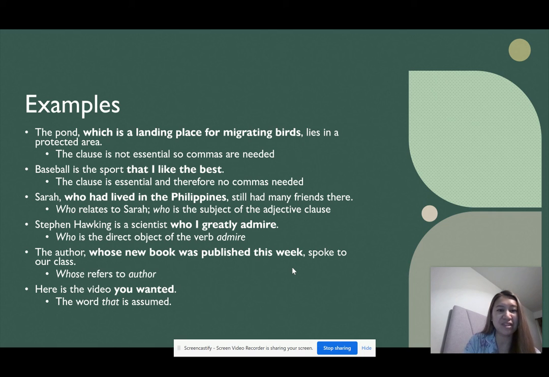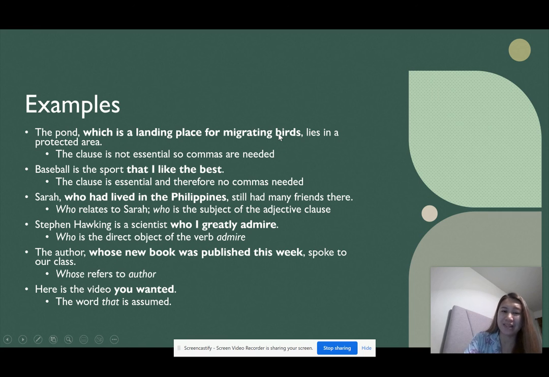The pond, which is a landing place for migrating birds, lies in a protected area. The clause is not essential, so commas are needed. Which is a landing place for migrating birds is our clause here.